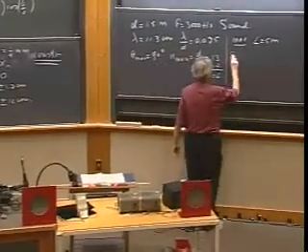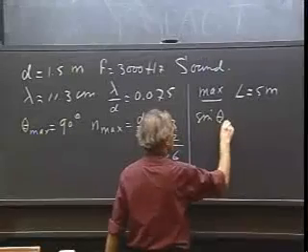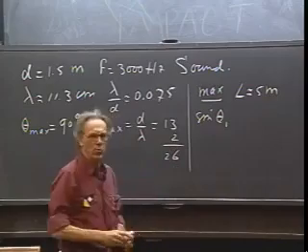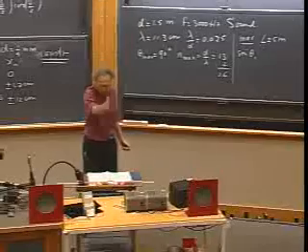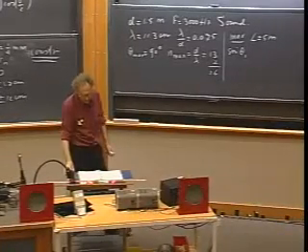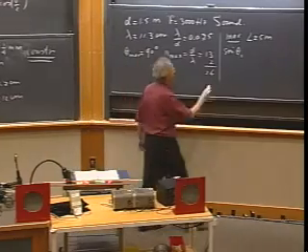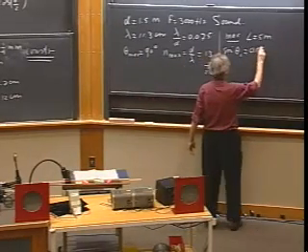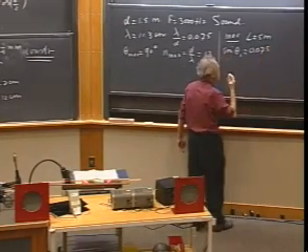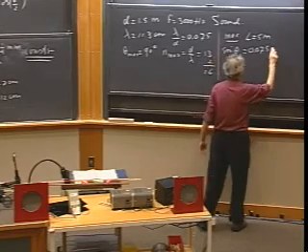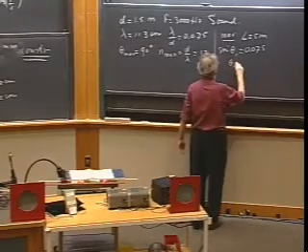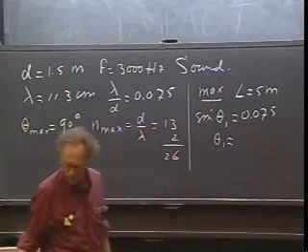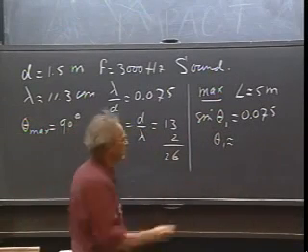The sine of theta 1, this 1 now makes reference to n equals 1, that is the first surface away from the center. So the sine of theta 1 is then 0.075. And that translates into a value of theta 1, I think it's about 4.3 degrees, that's right.